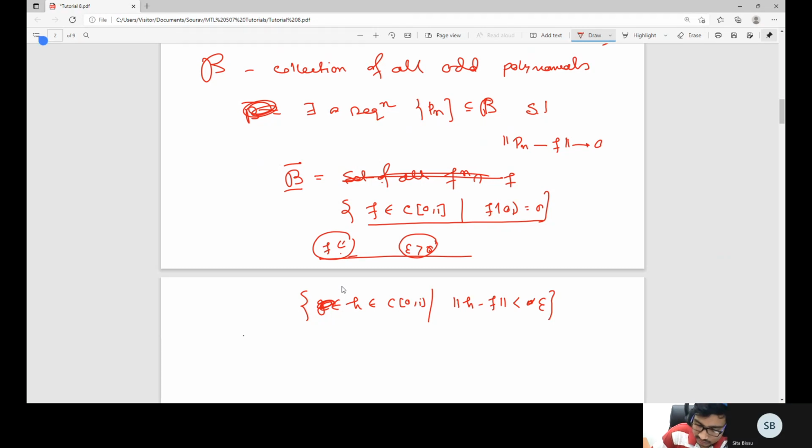Okay, you consider this neighborhood. This is the epsilon neighborhood of f in C[0, 1]. And to prove that this closure is equal to this, you have to prove that this intersection B is non-empty.